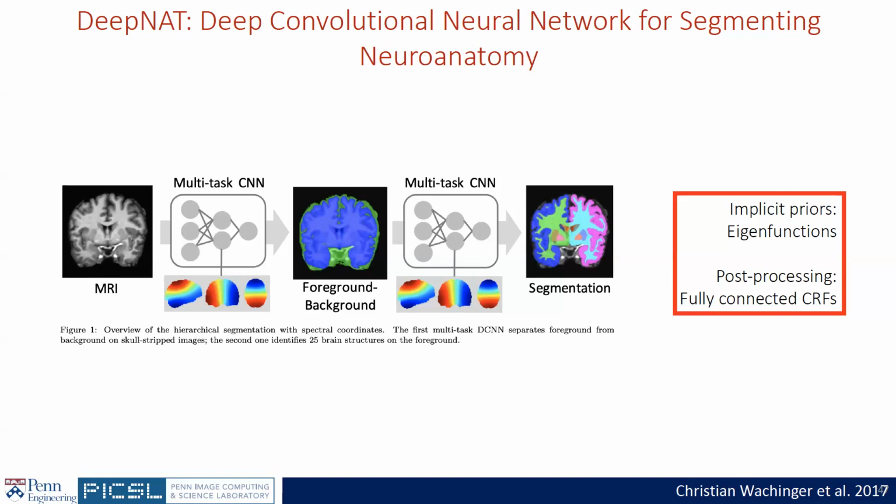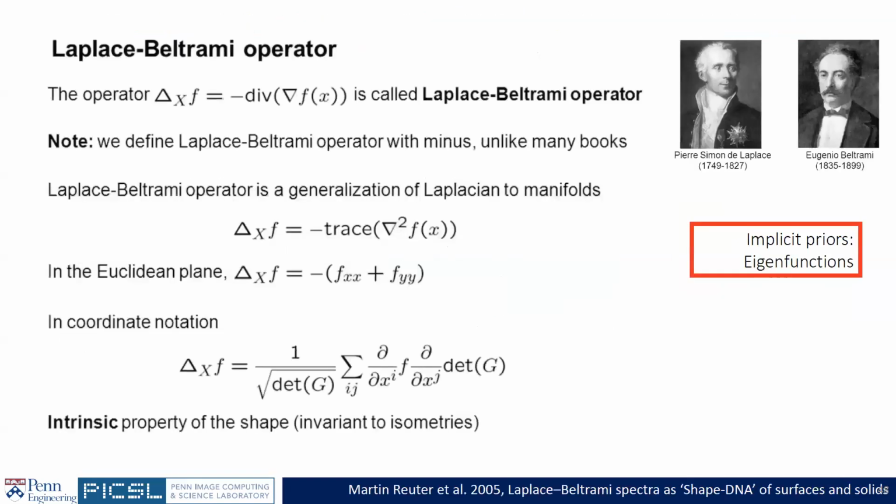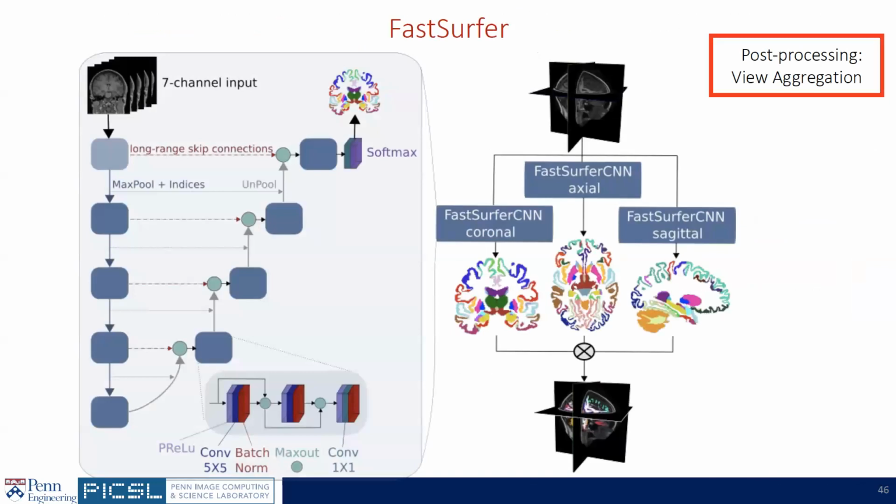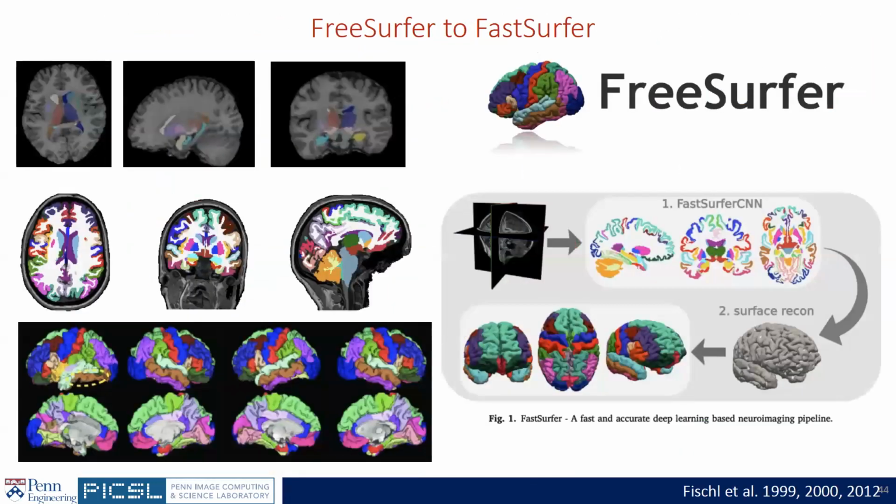Continuing with this brain example, we know that there's a left hemisphere and a right hemisphere, but for the network it's the same thing. It doesn't have any notion of what is the left hemisphere and what is the right hemisphere.